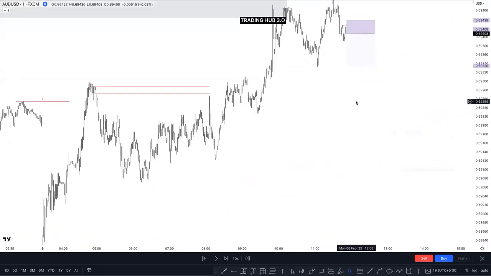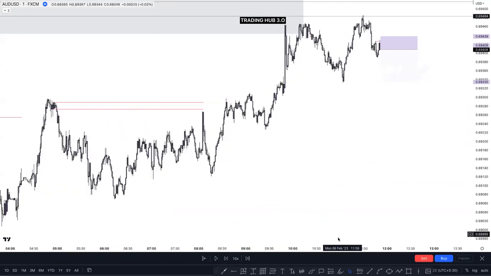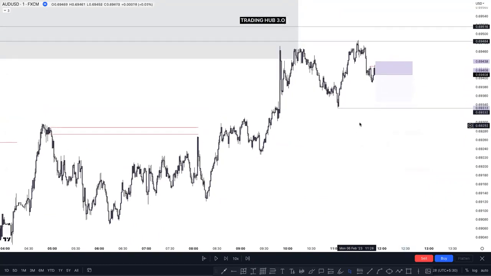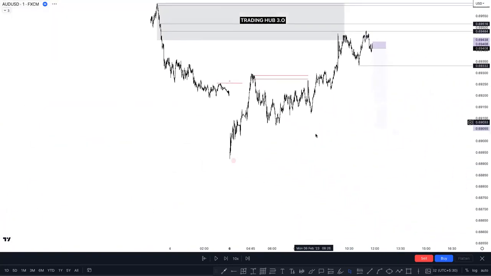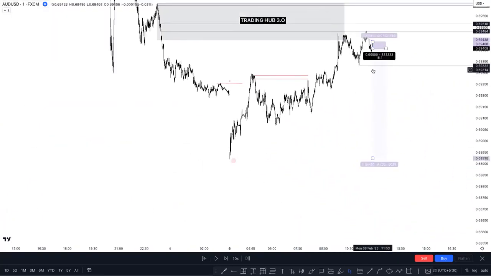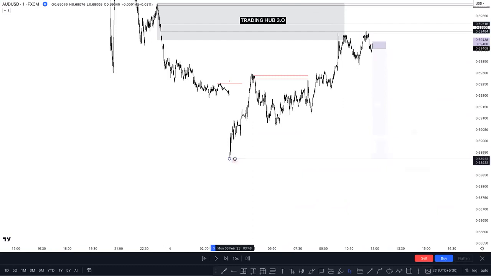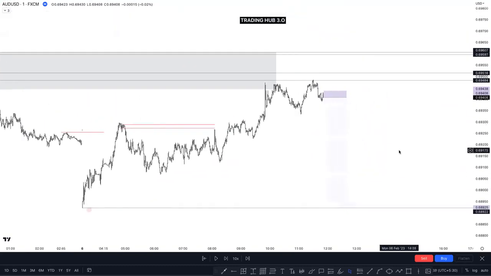And the target is the first low broken here, because this is the first structure the market broke, and you have to put your stop loss at break even, and the major target is right here.